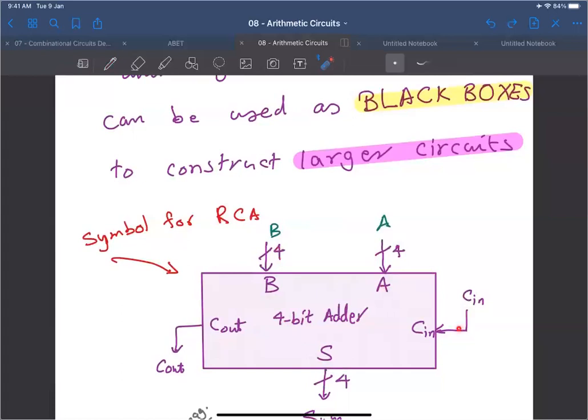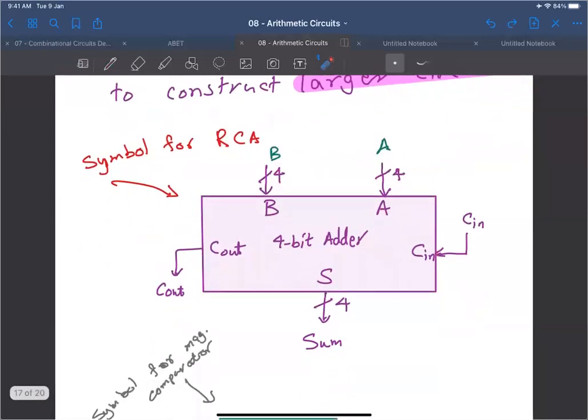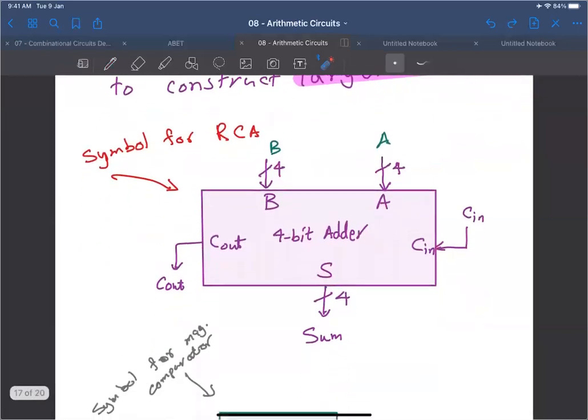And Cn is just 1 bit, so you don't have to write 1 here because 1 is the default size of a wire. Then you have S and a C out. S is 4-bit and C out is 1 bit. So this is a black box representation of a 4-bit ripple carry adder.